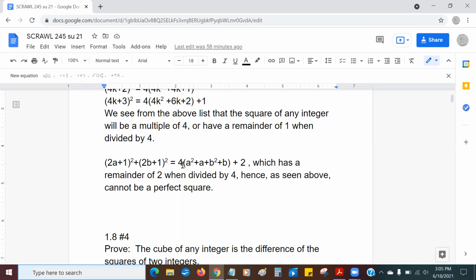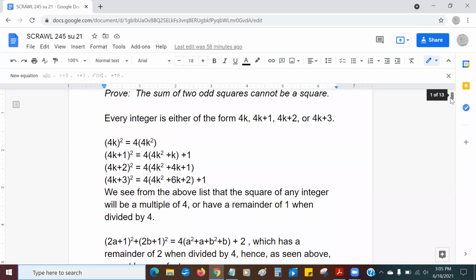Notice that this number is of the general 4k plus 2 form, meaning it has a remainder of 2 when you divide it by 4. But we saw in the list above that no perfect square has a remainder of 2 when you divide by 4. Every perfect square is either going to be a multiple of 4 or it's going to have a remainder of 1.